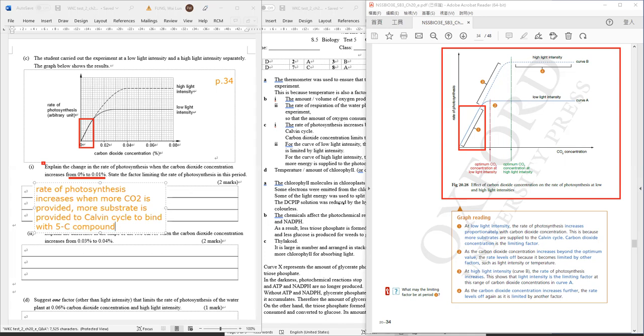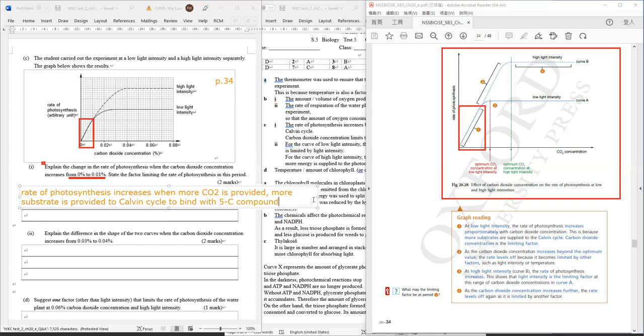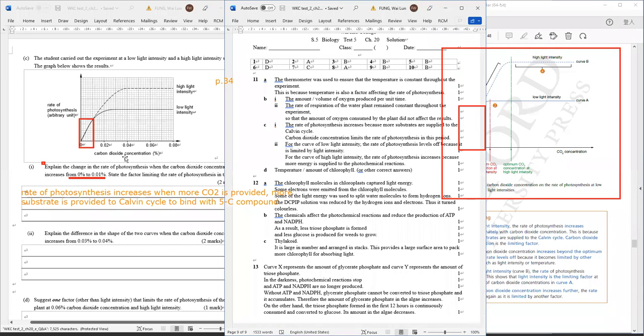Okay, if you still remember what the 5 carbon compound is, then you will know. The 5 carbon compound, we call that a substrate in this case.